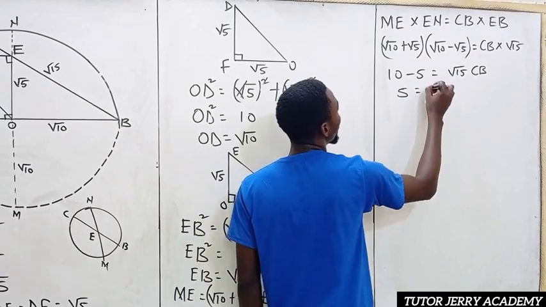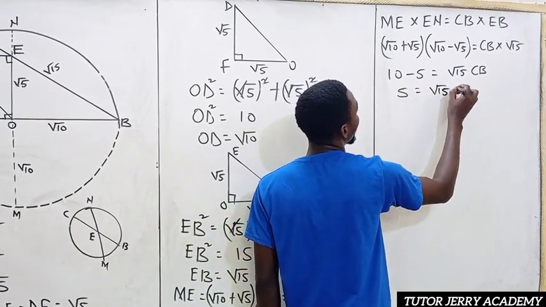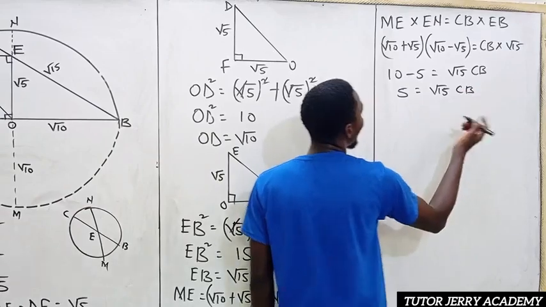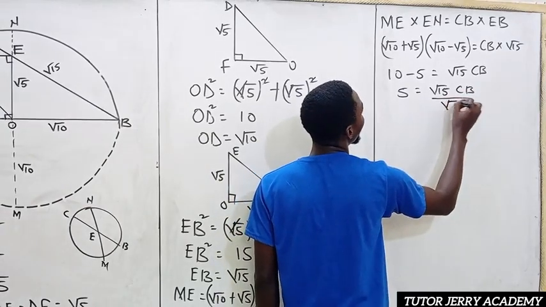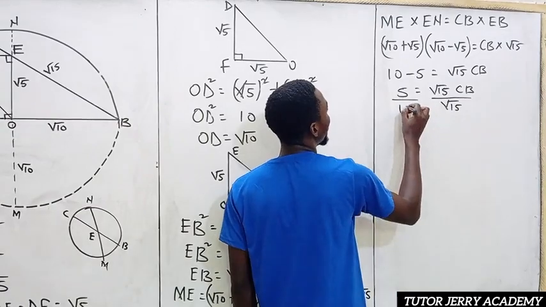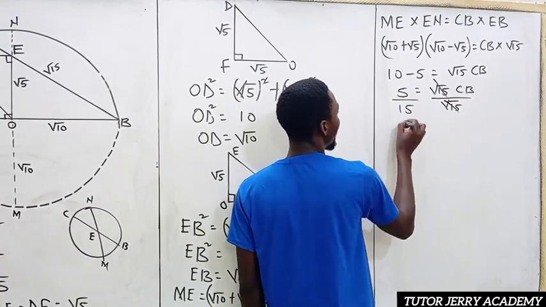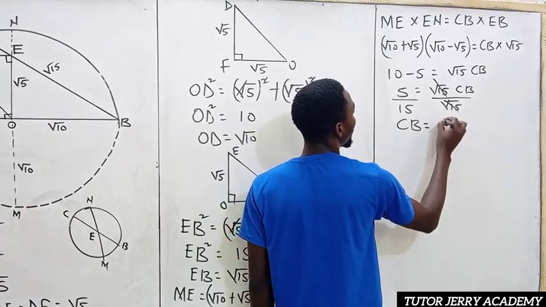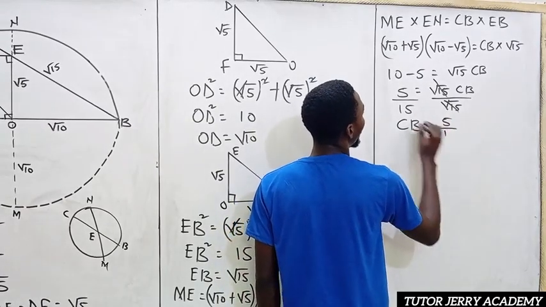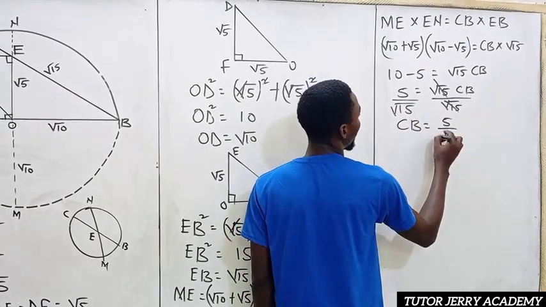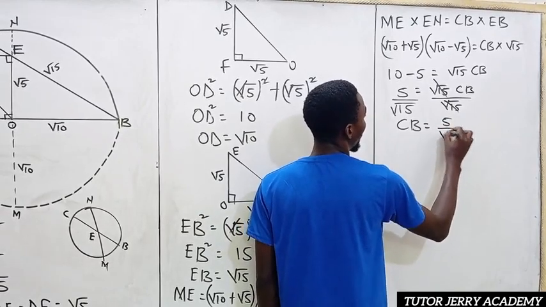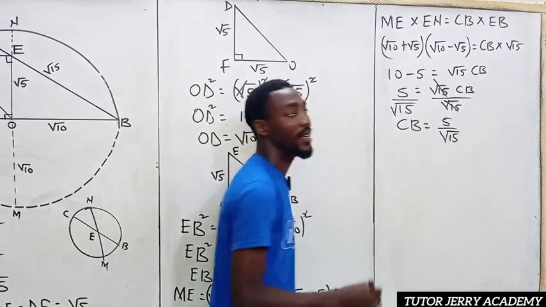So 5 equals root 15 CE. We can get our CE now by dividing both sides by root 15. So CE will be equal to 5 all over root 15. I hope you understand that.